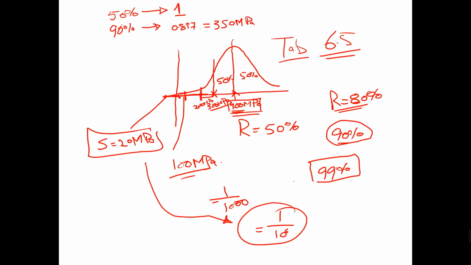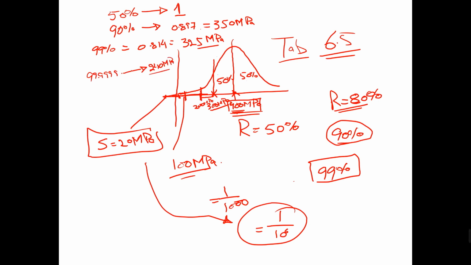You have reliability from 50 to 90. Reliability increased a lot. But from 90 to 99% reliability, the factor is 0.814, almost 325 MPa. But moving from 99.9 to 99.9999, we have a factor of 0.62, almost 240 MPa.